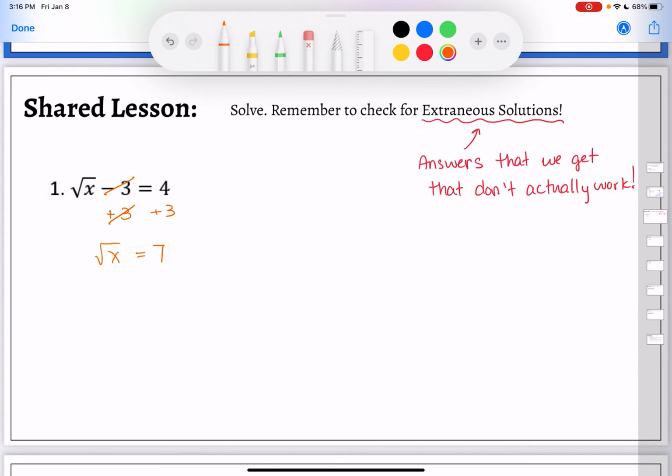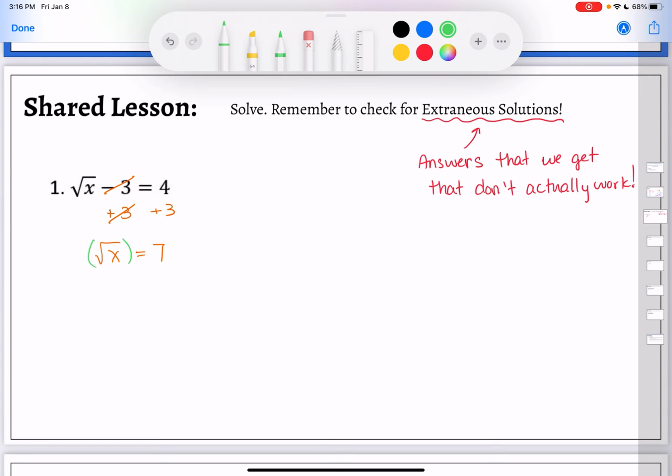All right. Now, I have my square root of x all by itself here, but I'm trying to solve for just x, so I need to undo that square root. So we just talked in our warm-up how square root and squared are opposites, so we're going to square both sides in order to get rid of that square root.